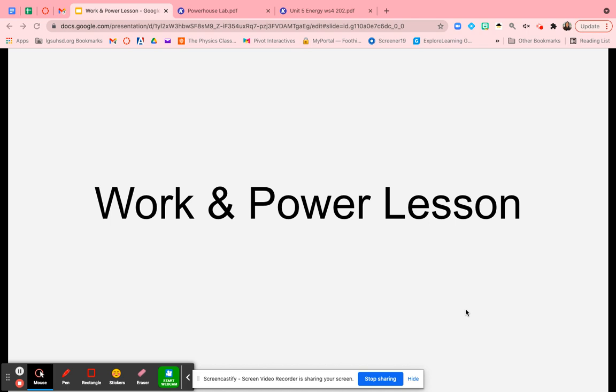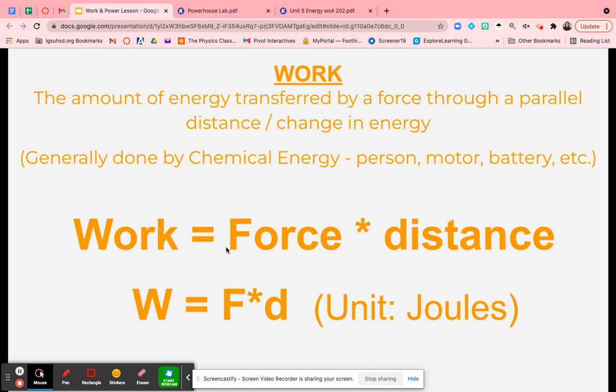So before we start, let's talk about work. Work is the amount of energy transferred, and it is by applying a force through a parallel distance. So when I say parallel distance, it means that the direction of the force that you are applying is going to move the object in a distance that is parallel to it.